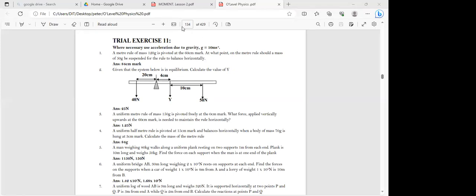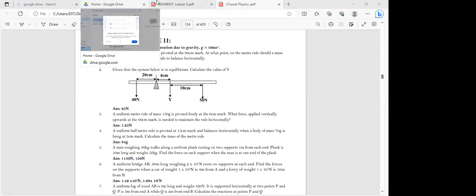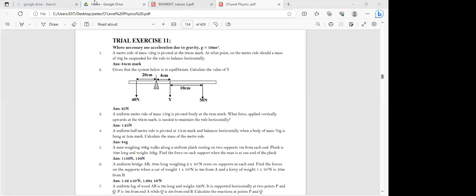Let us copy up to question 6, then we will try them out and be getting the answers. We still have 19 minutes to the end of the lesson, so we can do that for the rest of that time. And after, we'll be switching to computer. So let us start working from number 1 to number 6.